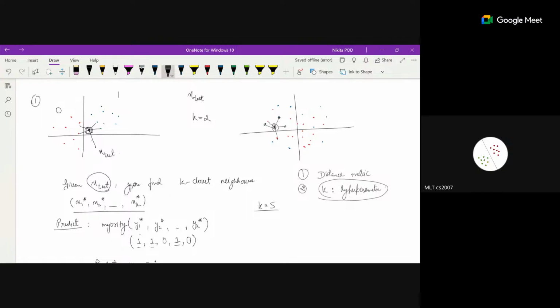You decide K based on the lowest validation error that you get. Whatever K gives the lowest validation error, that is the K that we're going to give to the algorithm.